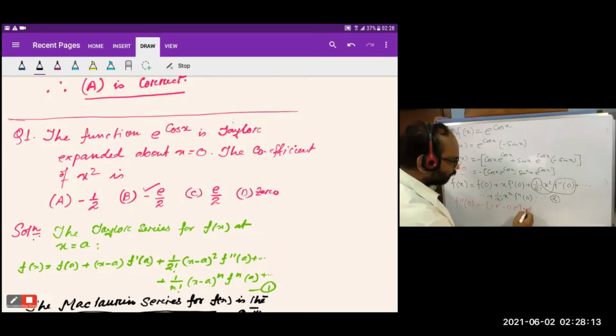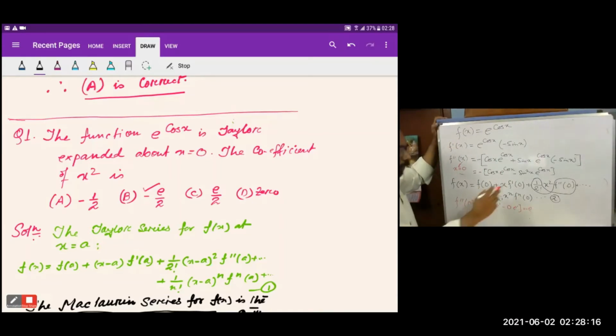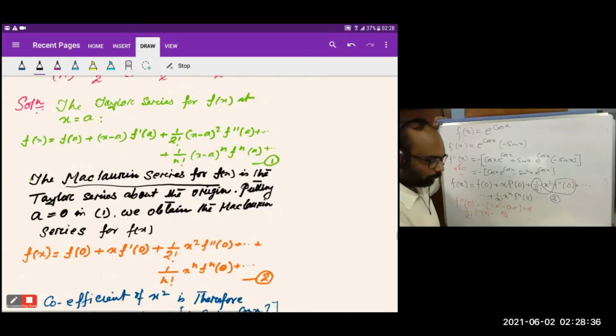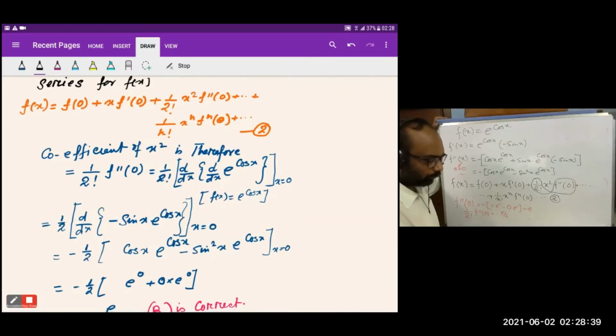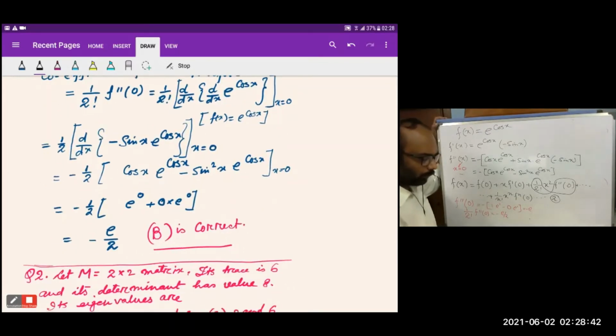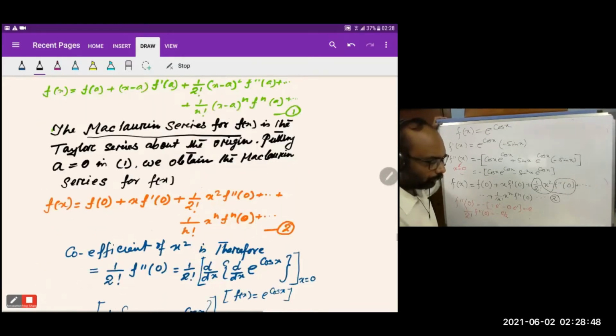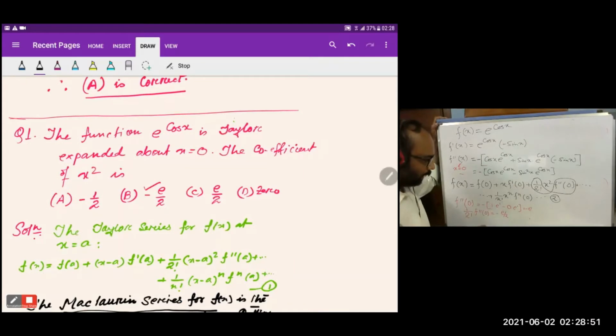That gives me minus e. So what is the coefficient? Coefficient is 1 by factorial 2 f double dash 0, that means minus e by 2. So answer B is correct. B is equal to minus e by 2. So this is our answer.